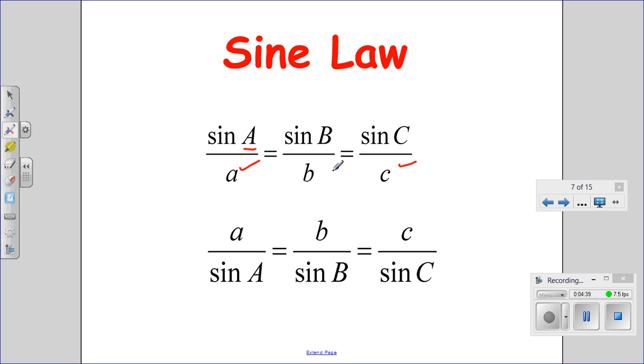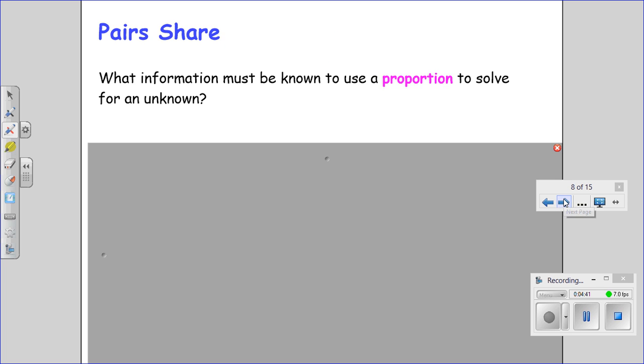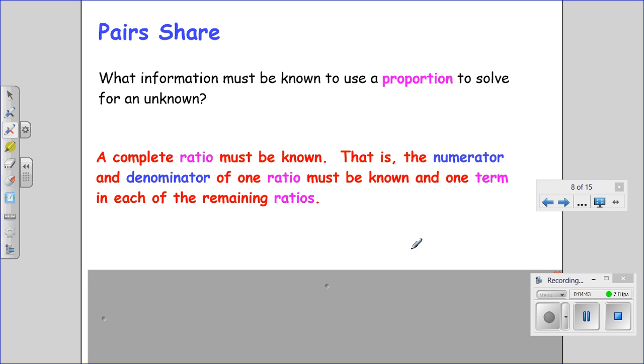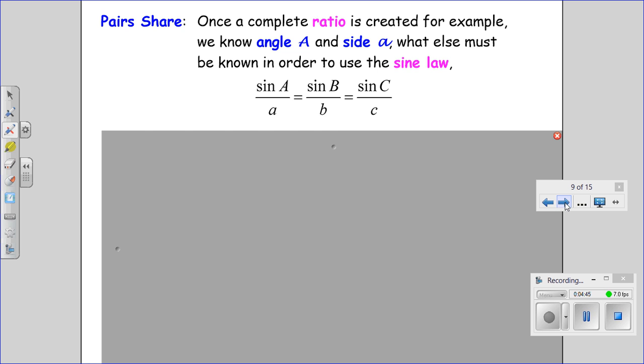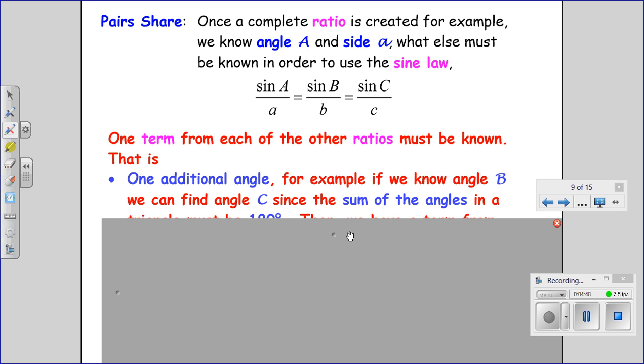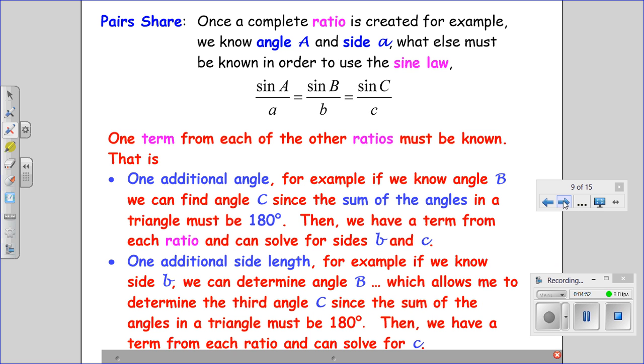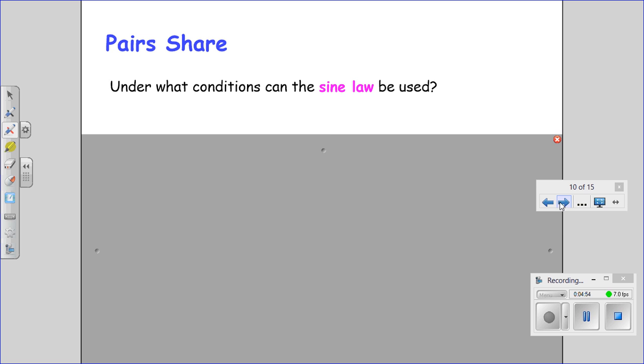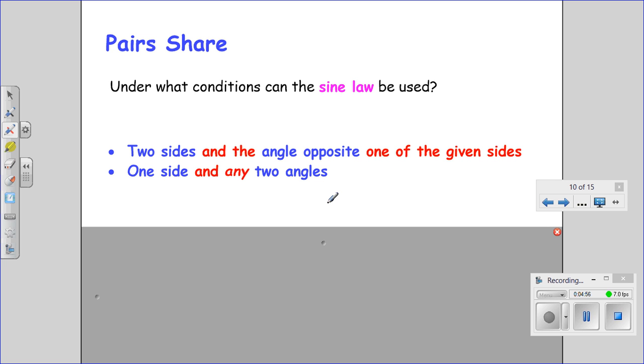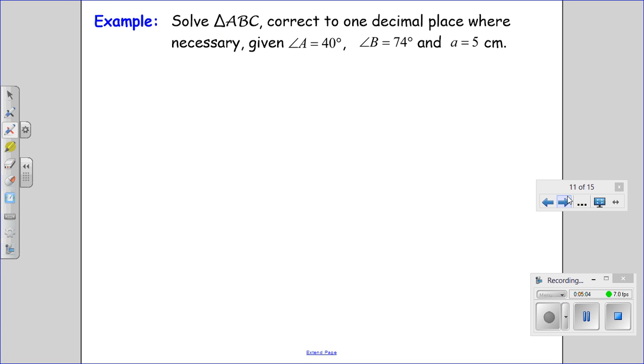I could have side B or I could have side C. So to recap, the sine law can be used when you have two sides and the angle opposite one of the given sides, or one side and any two angles.